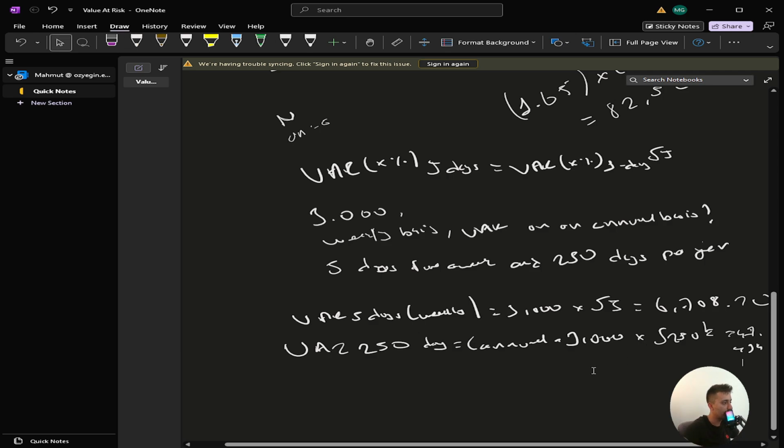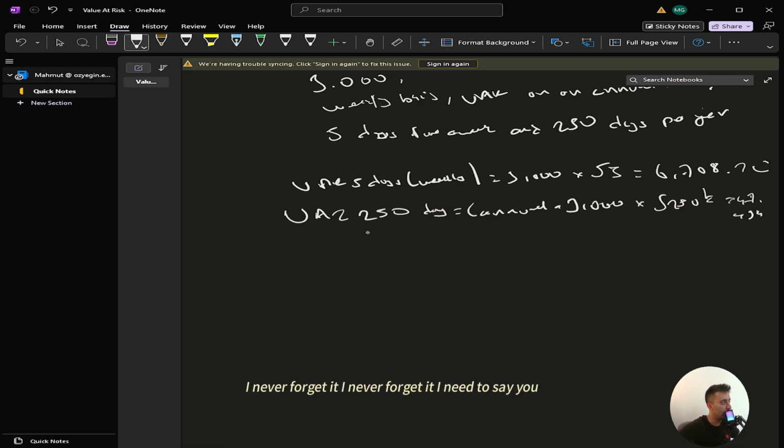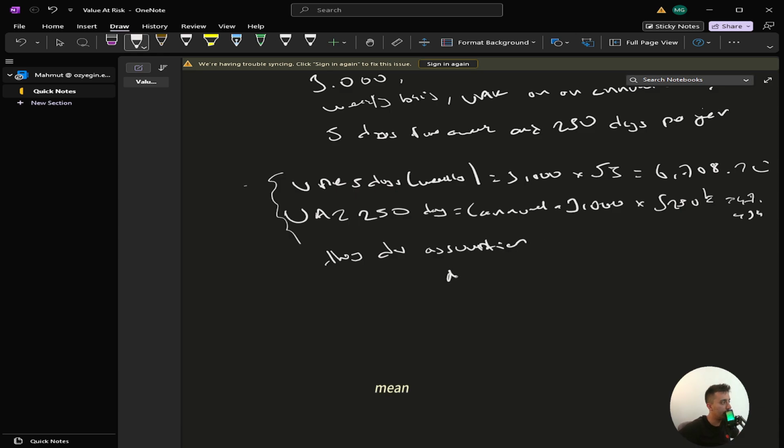But always remember, never forget it: these equations rely on the assumption that the mean is zero, guys. Always remember this.